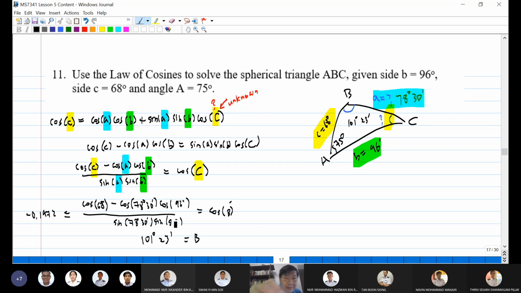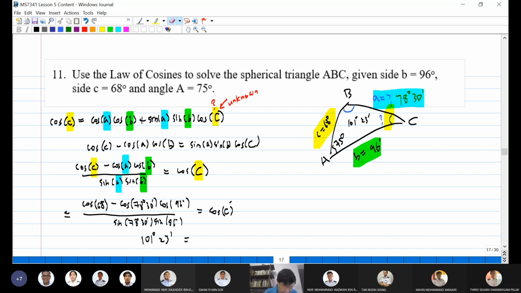So do the calculation, just for angle C now. So cos C is equal to, okay, that's the calculation here.